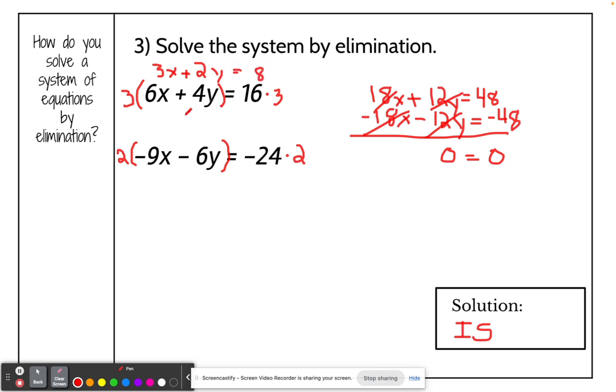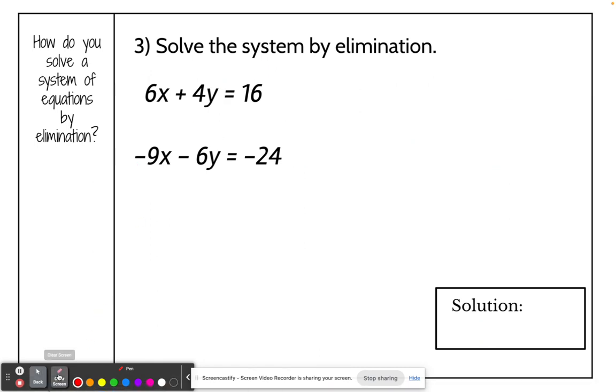If I would have divided this whole equation by negative 3, I would have had 3x plus 2y, because negative 6 divided by negative 3 is positive 2, equals, divided by negative 3, positive 8. They're the exact same thing. They're the same line. Infinite solutions.